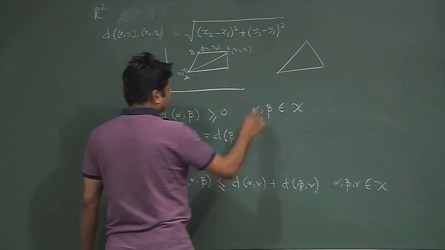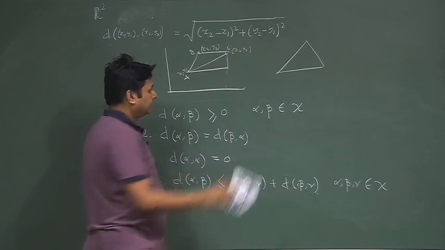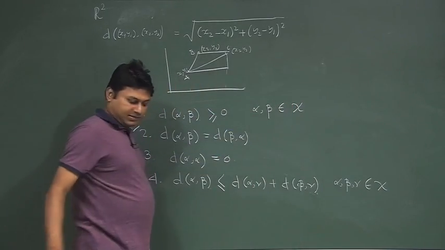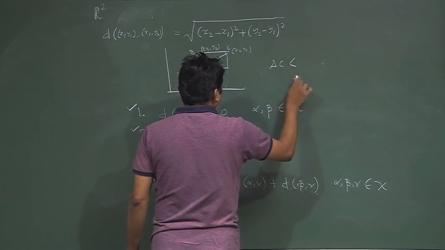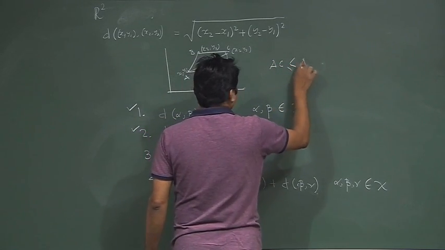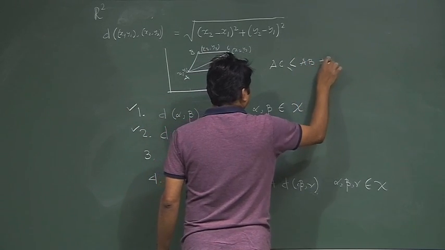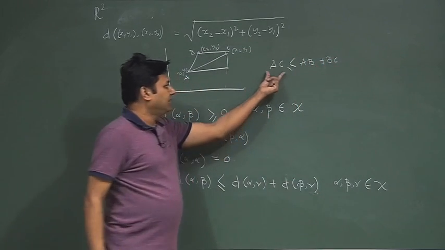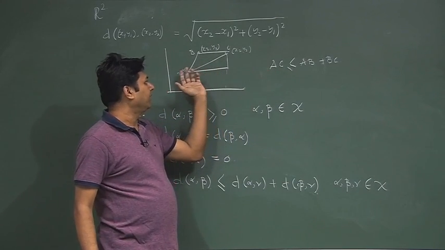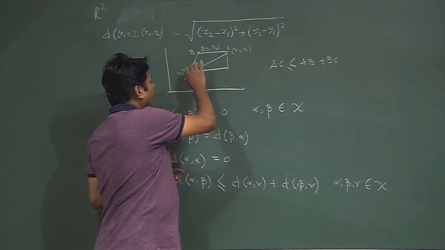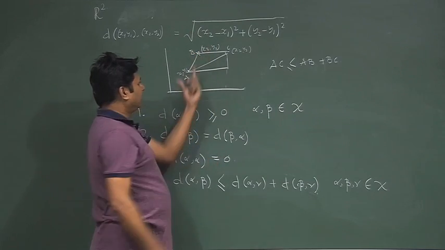So, AC, this is the standard triangular inequality, AC will be always less than or equal to AB plus BC, where AC is a distance, this is a quantity, this is not a direction. In vector they are same, but here I am taking the root over of that, that means AB is nothing but the distance.